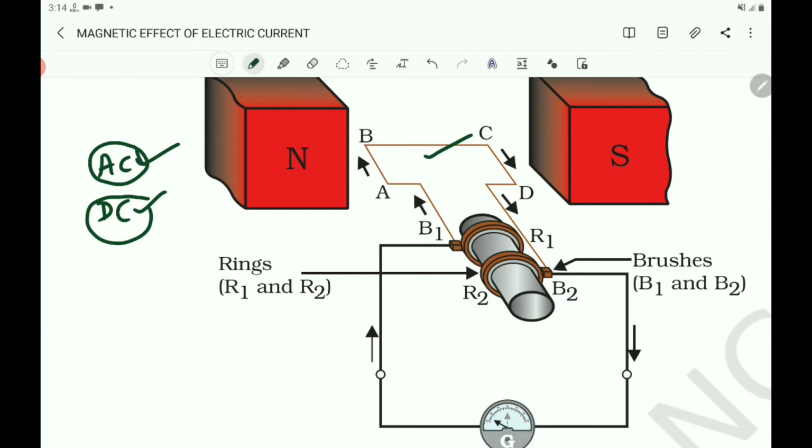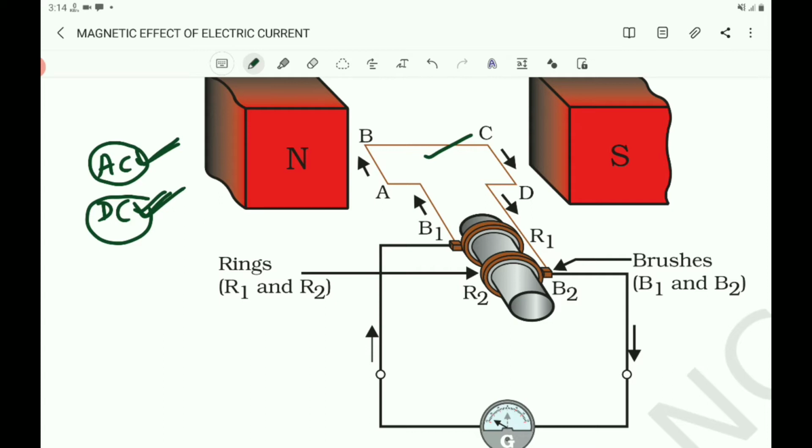What is an alternating current? An alternating current is that current whose magnitude changes continuously with time and whose direction reverses after equal intervals of time. Then what is DC? DC is direct current. A direct current is that current which flows with constant magnitude in the same direction.